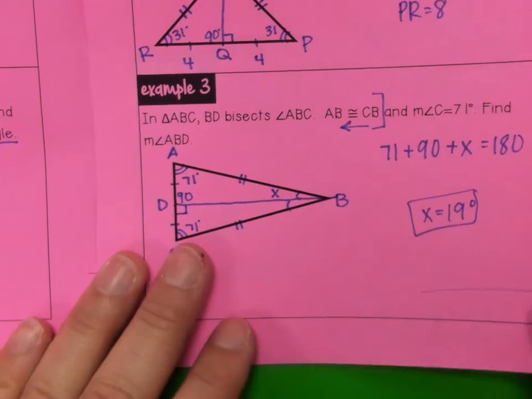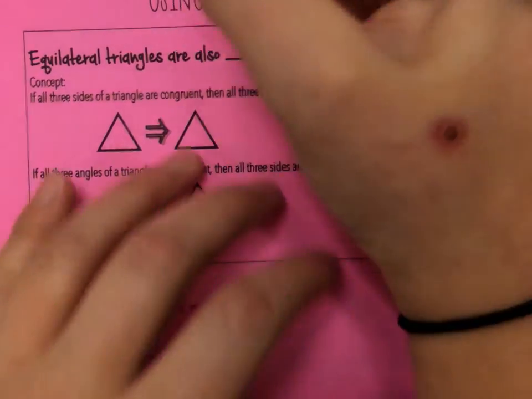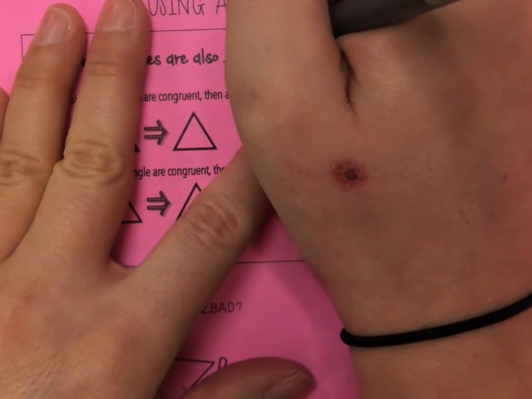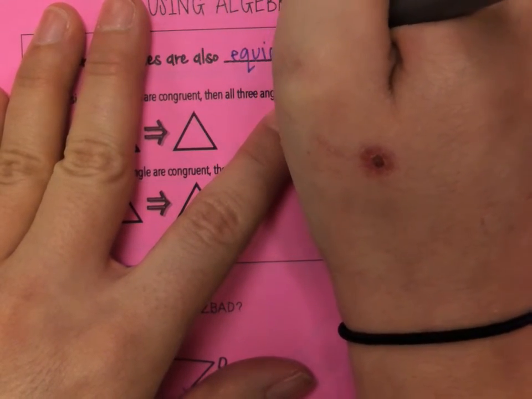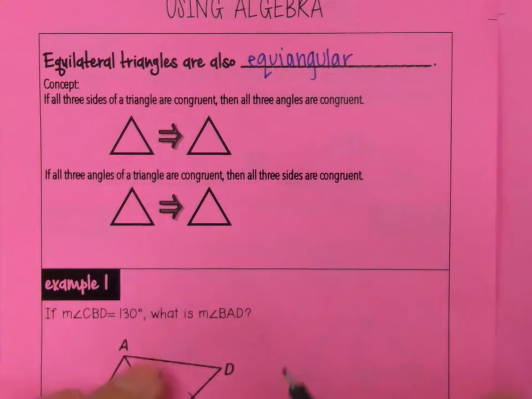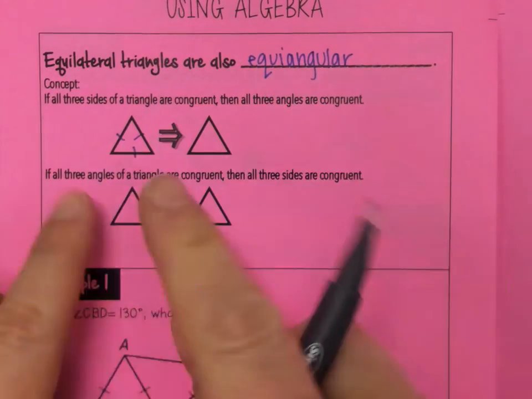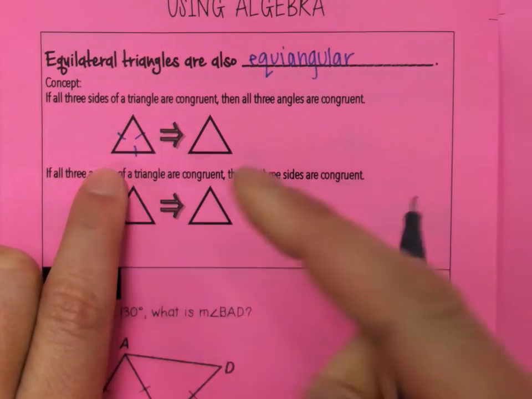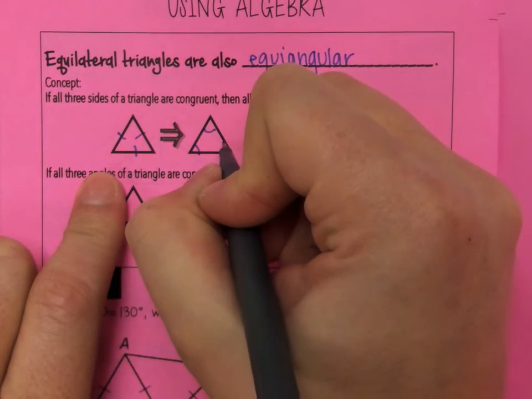All right, we're almost done. Equilateral triangles, they are also equiangular. That means all of their angles are going to always be the same measure. So if your picture looks like this, all three sides are congruent, then you can draw it like this and say all of your angles are congruent.